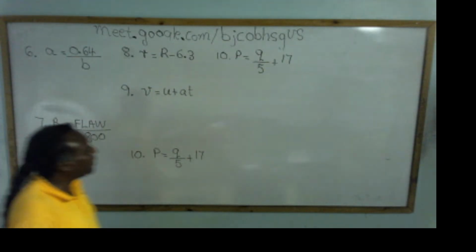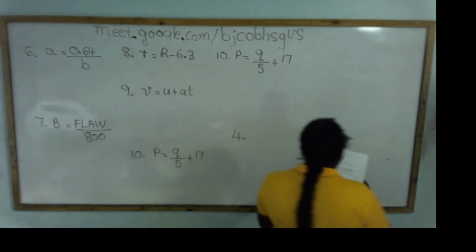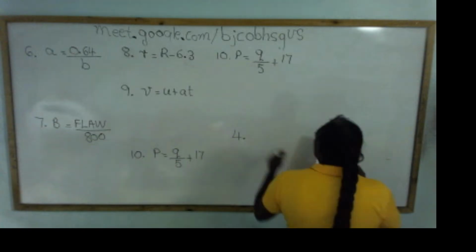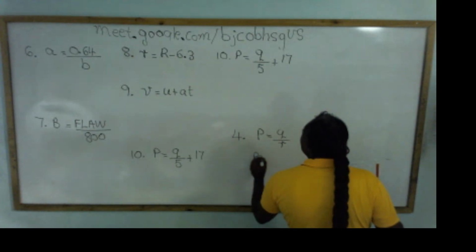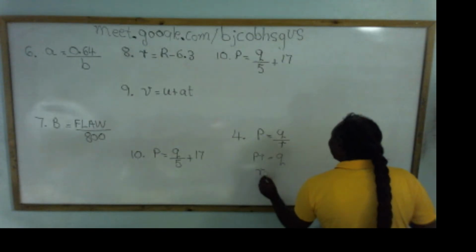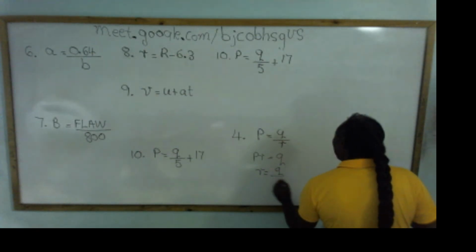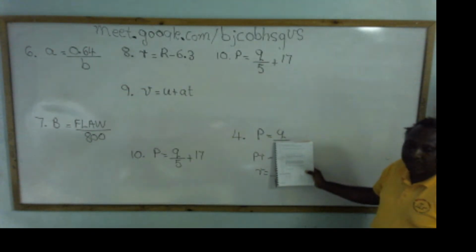So let me just remind you of number 4 over here. P is equal to Q over R. PR is equal to Q. R is equal to Q over P. Right. I think that number 6 is analogous to number 4.